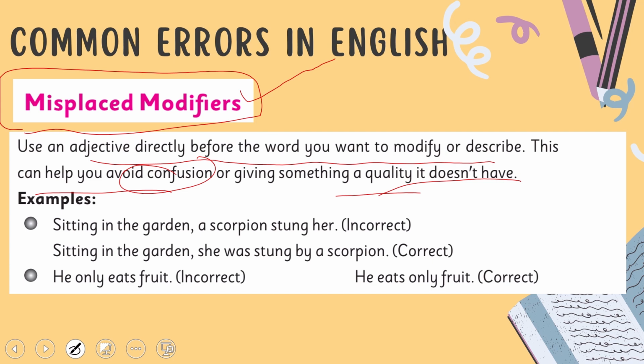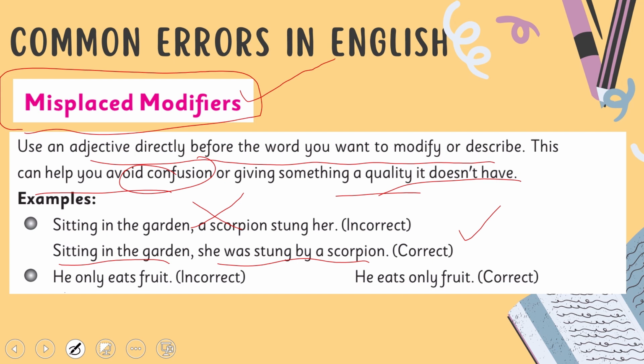And welcome back. Sitting in the garden, a scorpion stung her. This is incorrect. We are not sure who was sitting in the garden. Sitting in the garden, she was stung by a scorpion. This is correct.